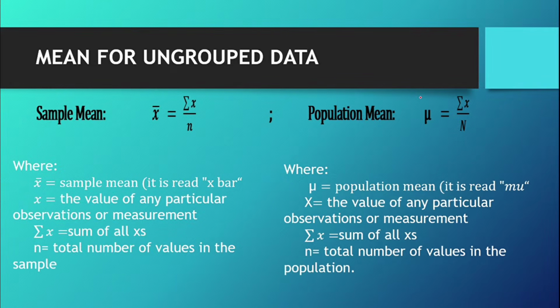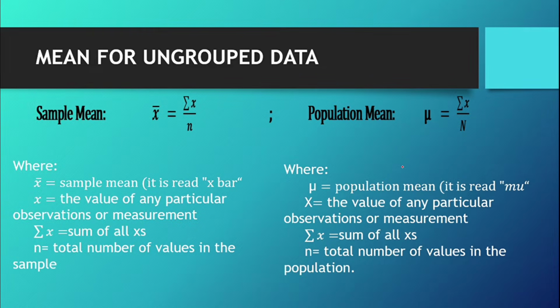Mean for ungrouped data. The first is the sample mean, and the second is the population mean. They differ only in the symbol. This is the symbol for the sample, and this is the symbol for the population mean.